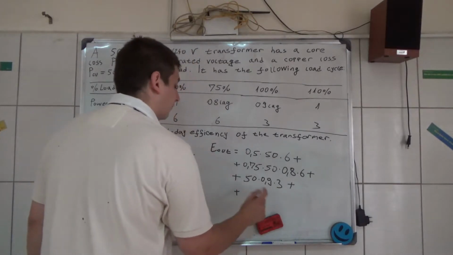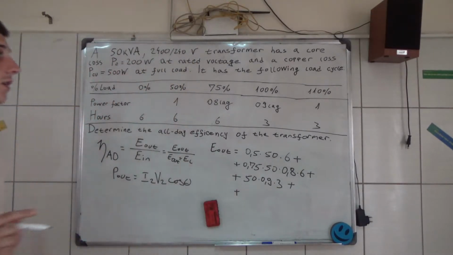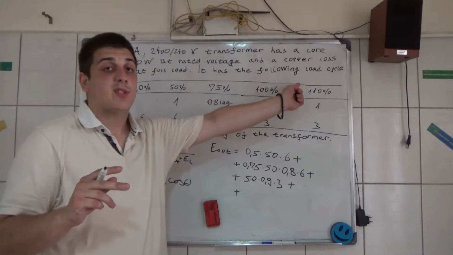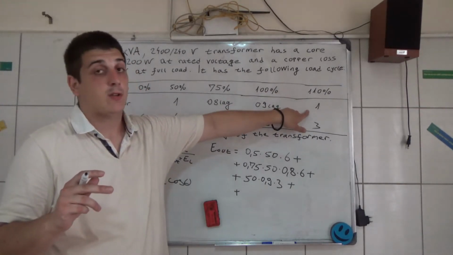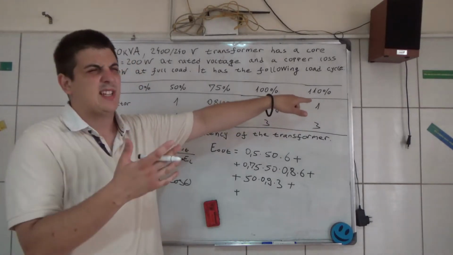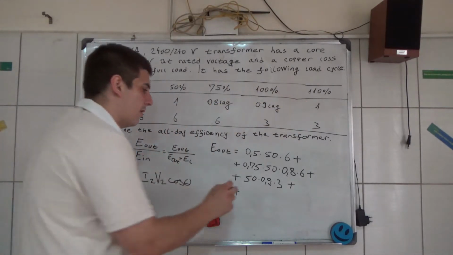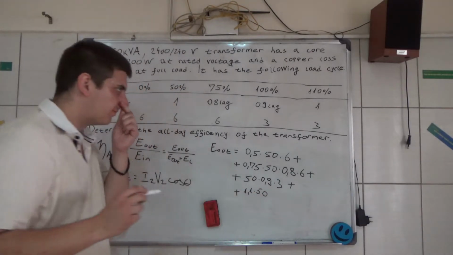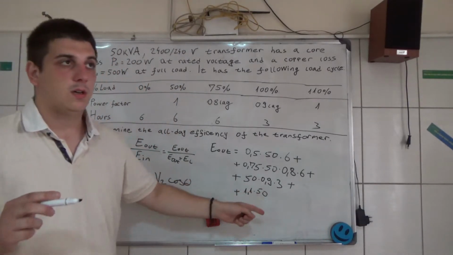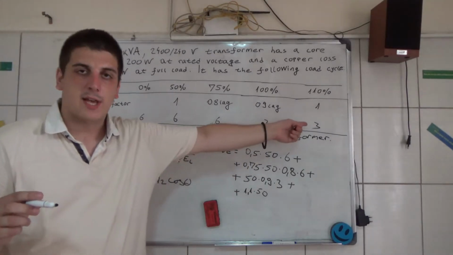Plus, over here, we have 110% of the load with power factor of 1. 110% in real number is 1.1 times 50 times the number of hours, and that is 3.